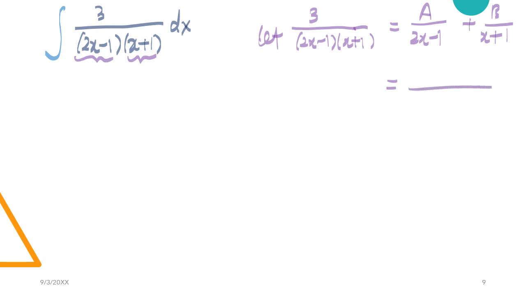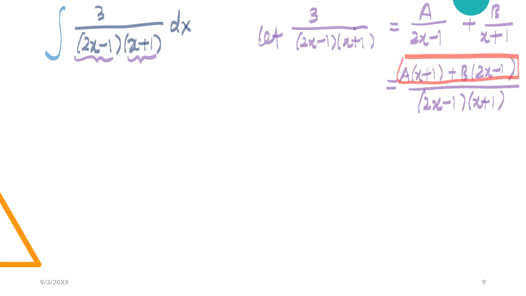Okay, then the next step is combine them into one huge fraction. Okay, then we combine your numerator on the right with the numerator on the left. So we will have a of x plus 1 plus b of 2x minus 1 equals to 3.